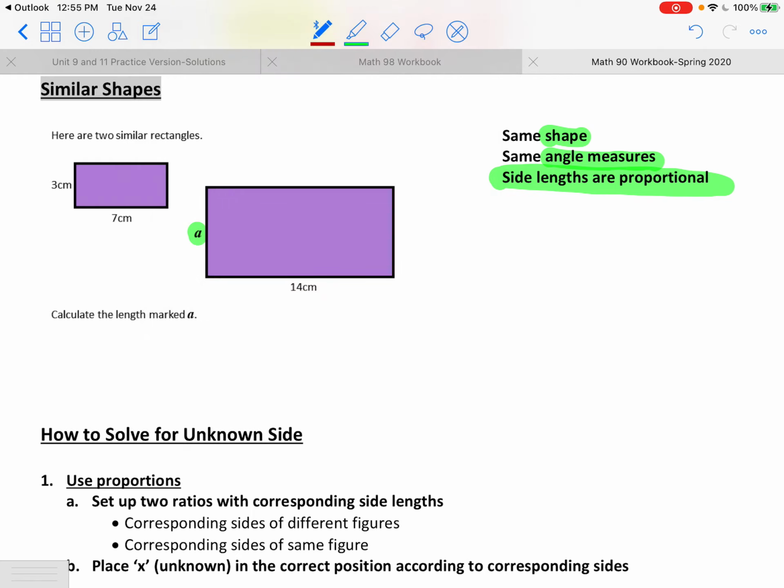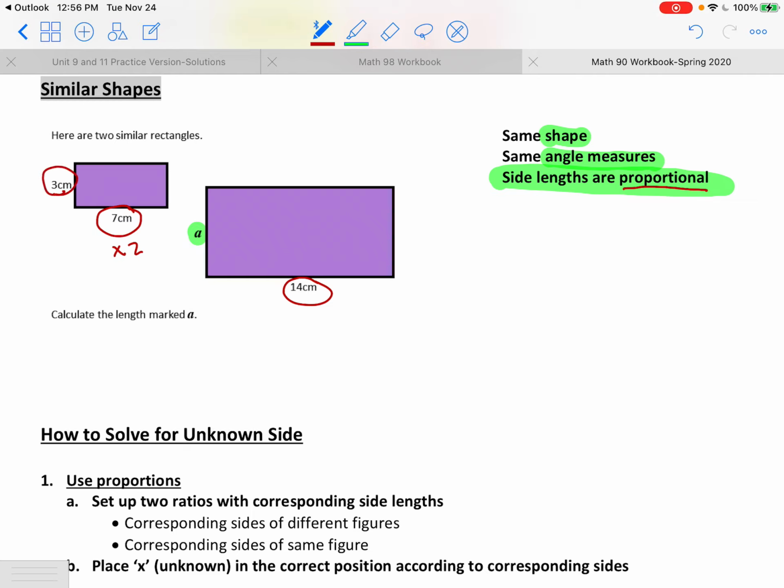Because we know that our side lengths are proportional, we can look at this side length at the bottom, and we know this is 7 and this is 14. We know that what we did is just multiply by 2. That is our common ratio from side length to side length.